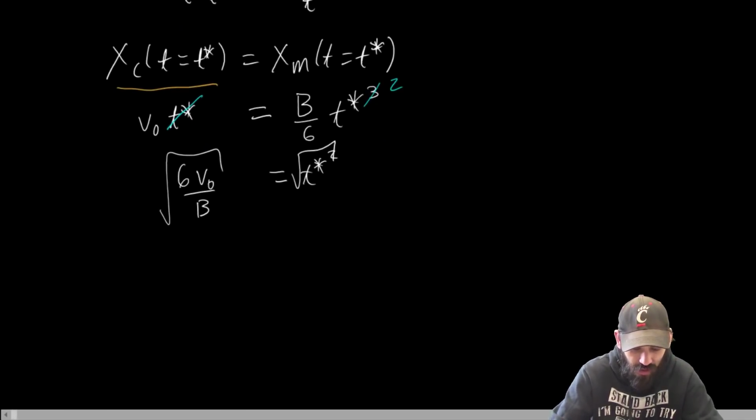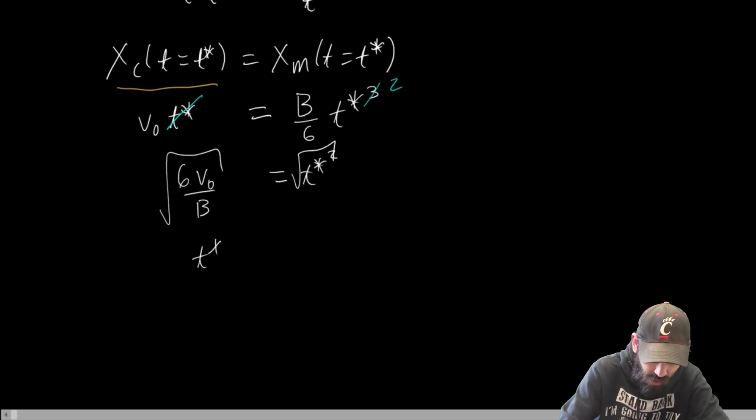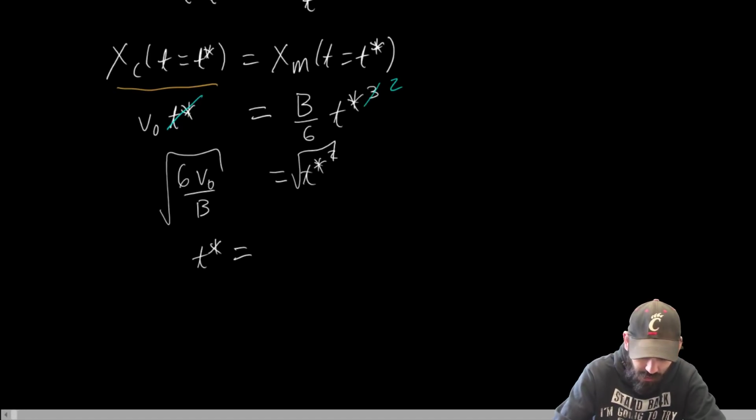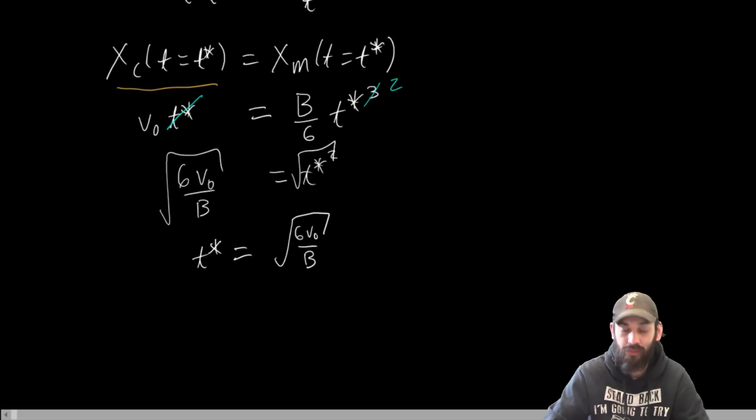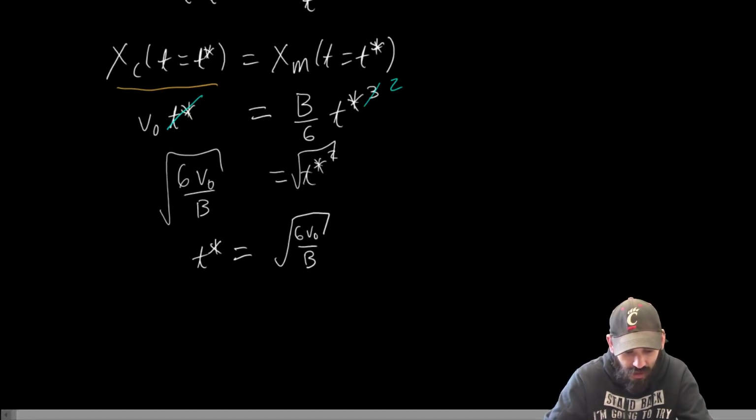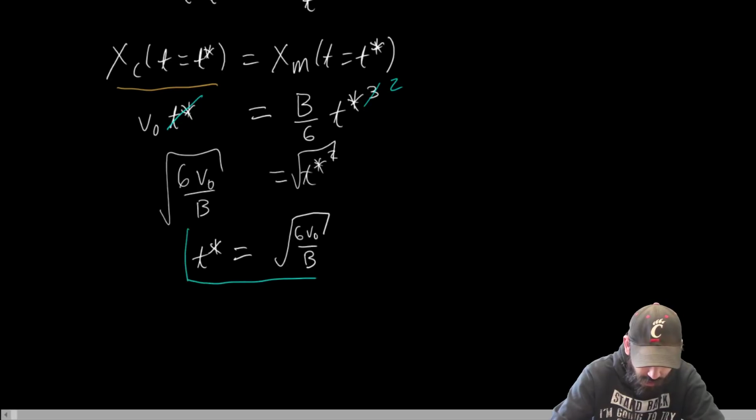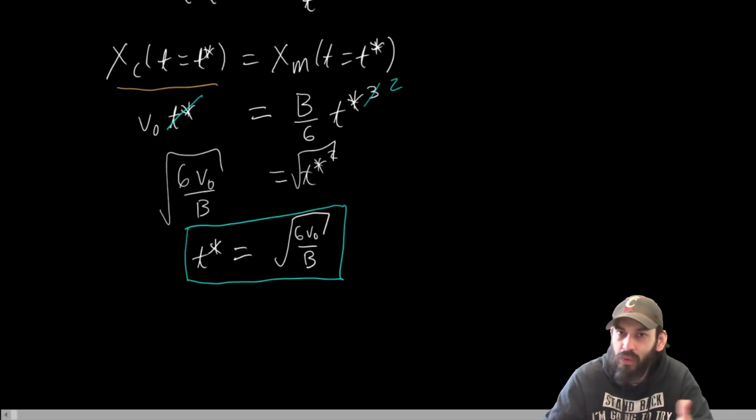So that tells us that t star is going to be equal to the square root of 6v0 divided by b. Okay, perfect. So this is giving us what t star is, but that's not really what we wanted.